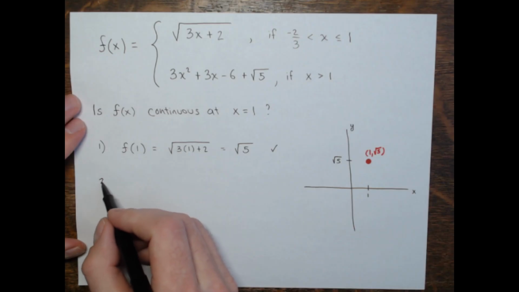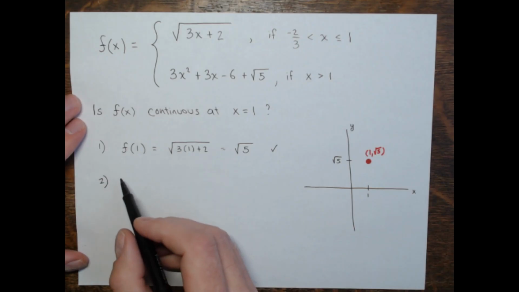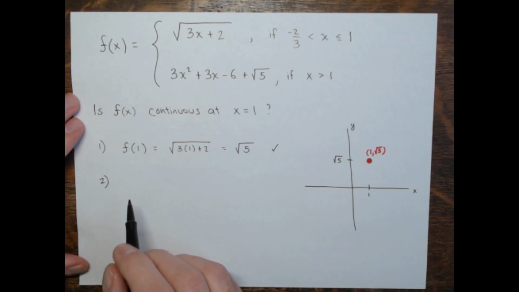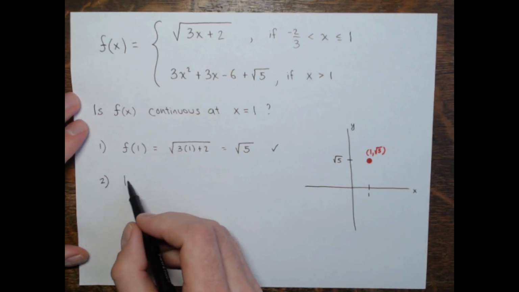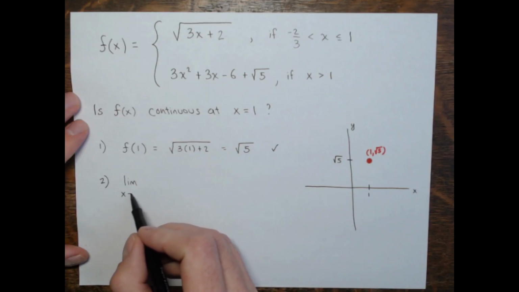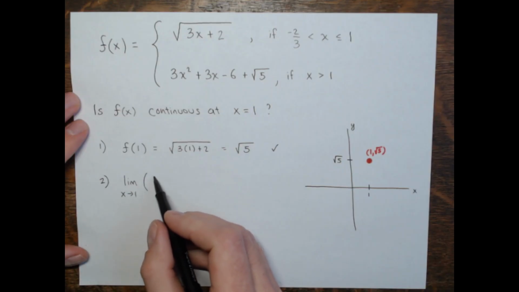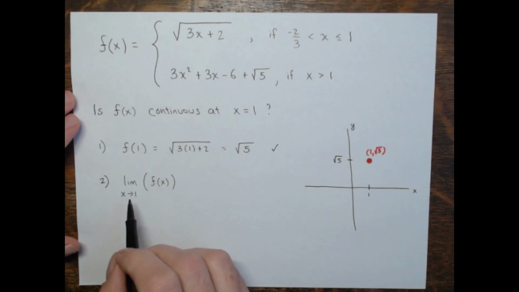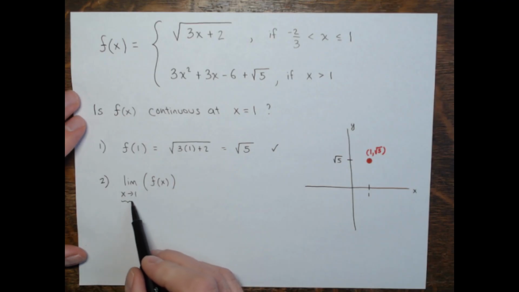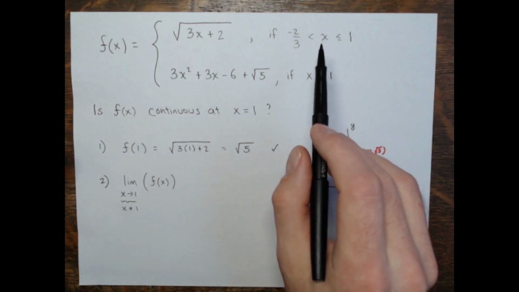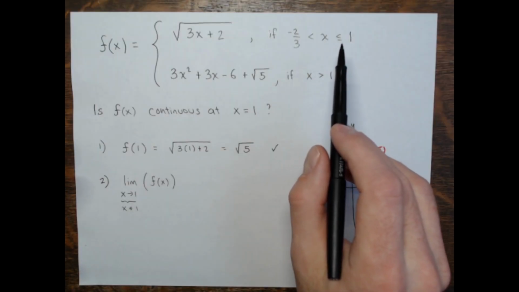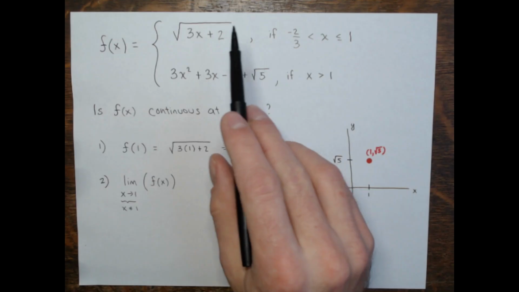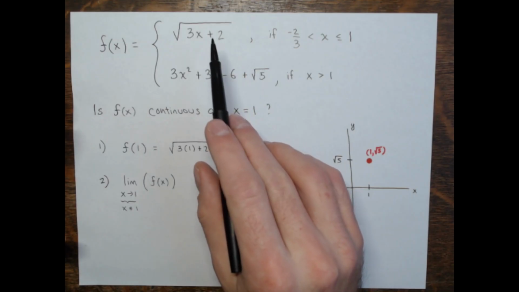Part 2 is we want to take the limit as x approaches 1 of the function. With piecewise defined functions, remember x is not equal to 1, x is approaching 1. If we approach 1 from the left, plugging in values less than 1, we have to go into this top expression.